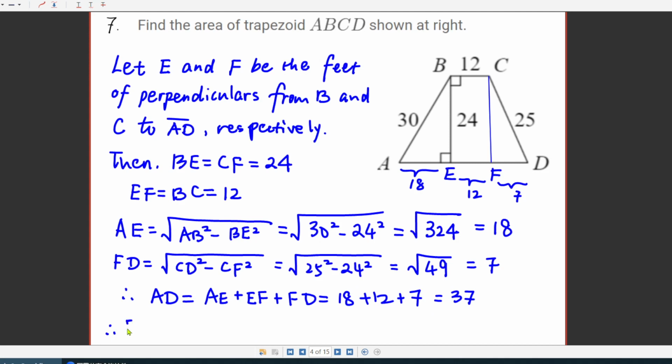Therefore, we know the area of the trapezoid ABCD can be calculated by 1/2 of the first base plus the second base times the altitude or height, which is 588.